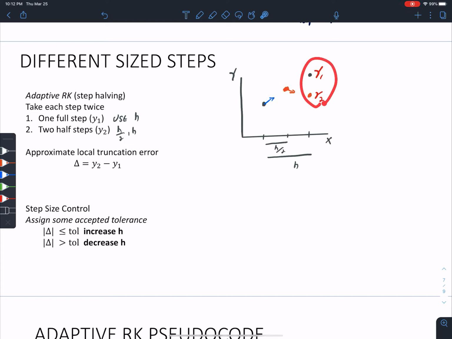And then I can check, are these two numbers the same or close to each other, right? So here we have an error. We call this the delta, or the absolute value of the delta. And we can check, is this delta greater than some threshold, some tolerance value? We call this TOL for tolerance. If this is true, we take a smaller time step.